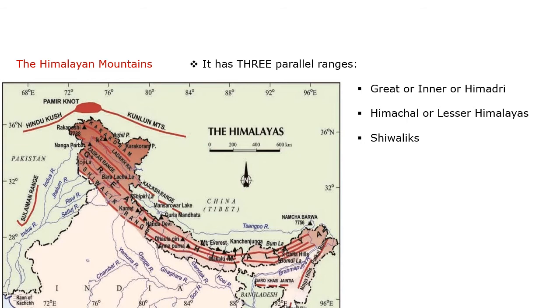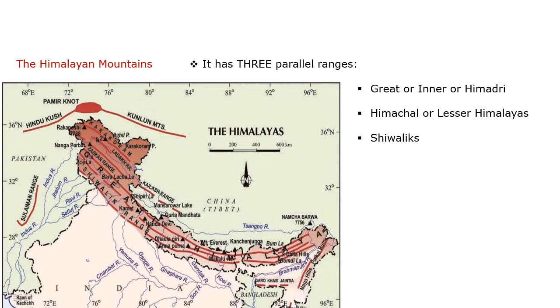As we said, the Greater or Inner or Himadri is the northernmost part of the Himalayas. And as the name indicates, it has the highest peaks in the world. Mostly it consists of peaks with more than 6,000 meters height.